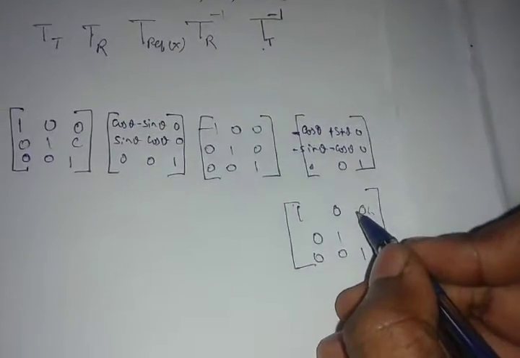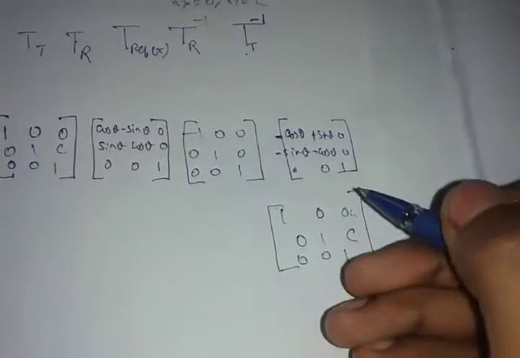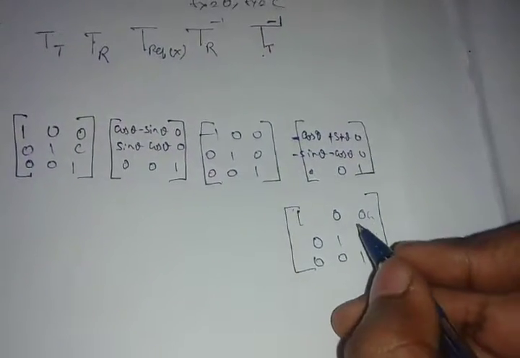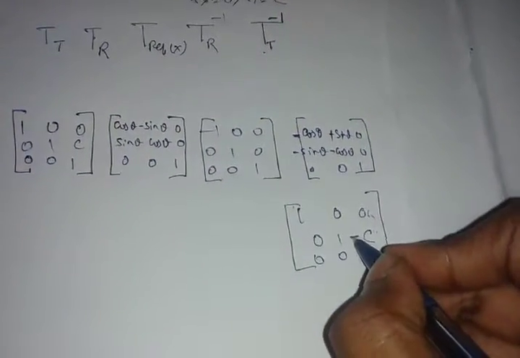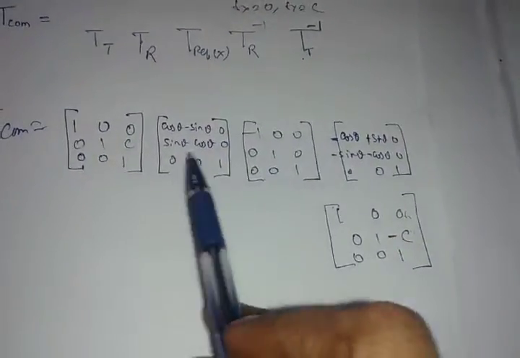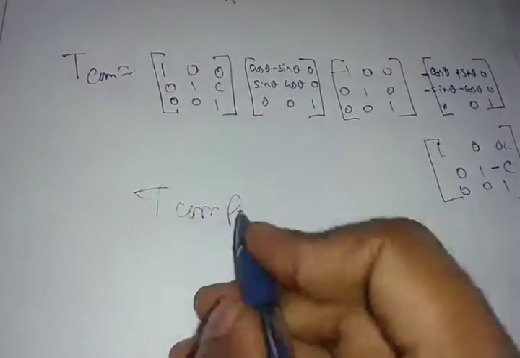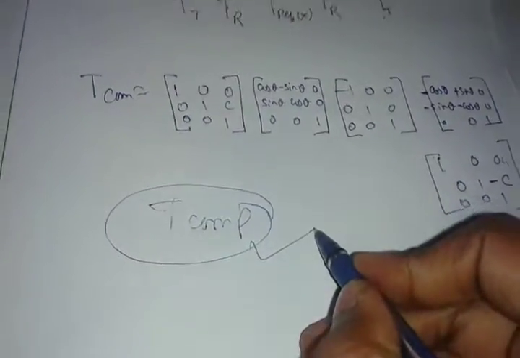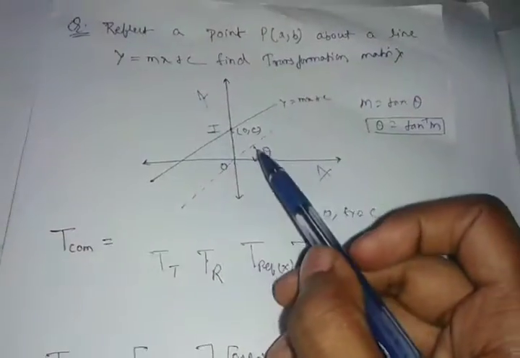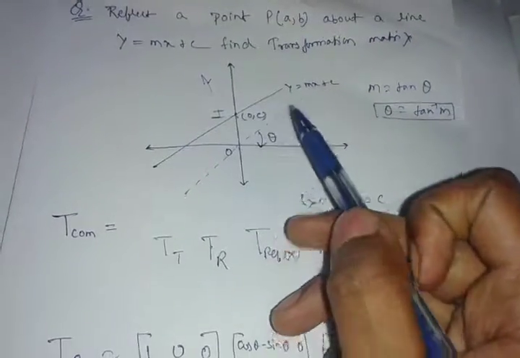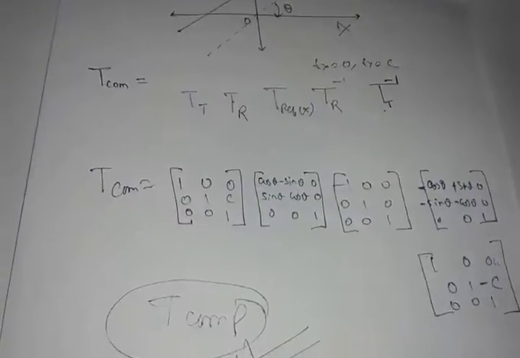Inverse means you put minus here. Minus 0 doesn't mean anything, so you cannot put minus there, you put minus here. So you multiply all these matrices and finally you will get the composite matrix. Whatever be the object you are asked to rotate or translate, you can do it. So this is the final transformation matrix.